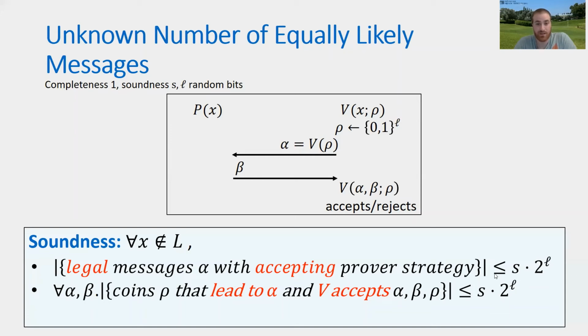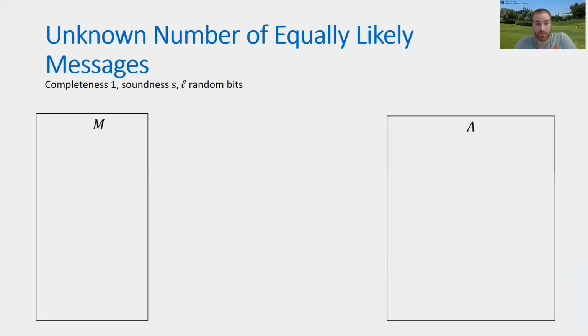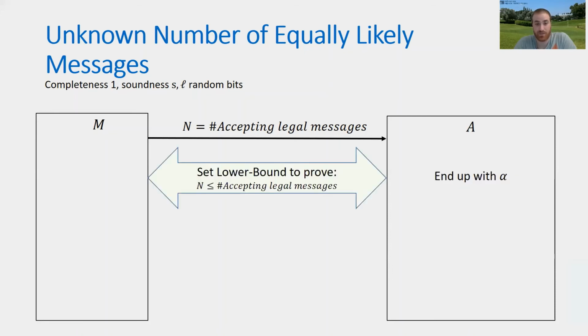So this gives us a strategy using the same set lower bound idea that we had before. The prover begins by sending a claim on the number of accepting legal messages. The verifier now wants to make sure that this claim is true, so they do a set lower bound protocol trying to prove this. Remember, the set lower bound protocol ends with some claimed value in the set, and we have to check membership.